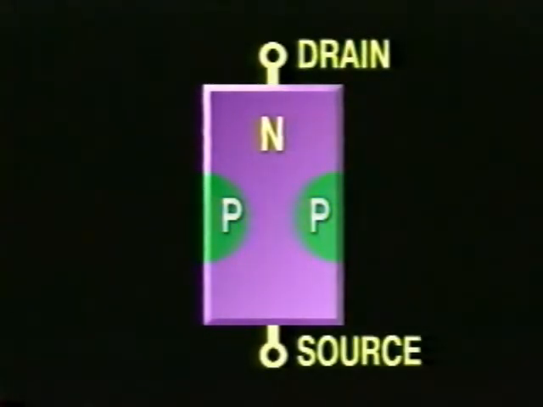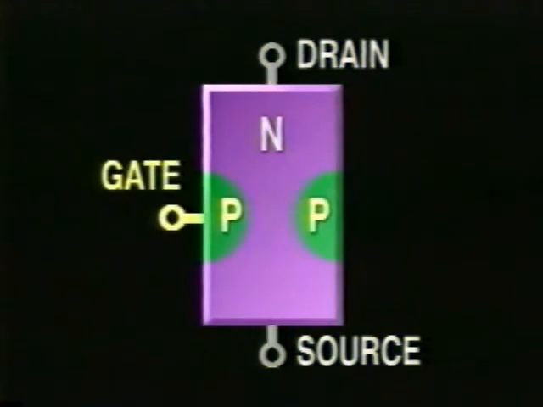Let's look closely at an N-channel device. The foundation or substrate is made of N-type semiconductor material, into which are embedded two regions of P material. The drain and source leads are connected to either end of the N-channel, while the gate is connected internally to both of the P regions.